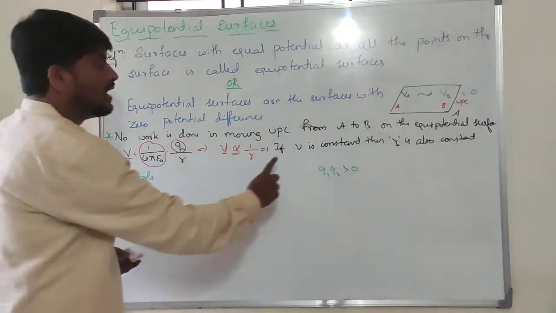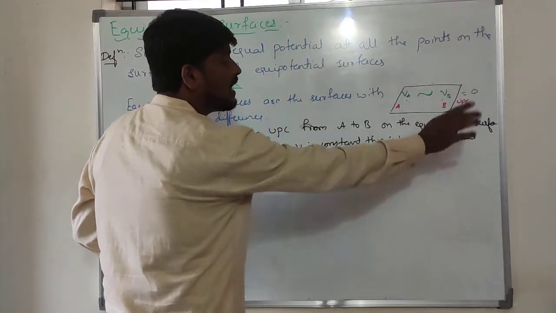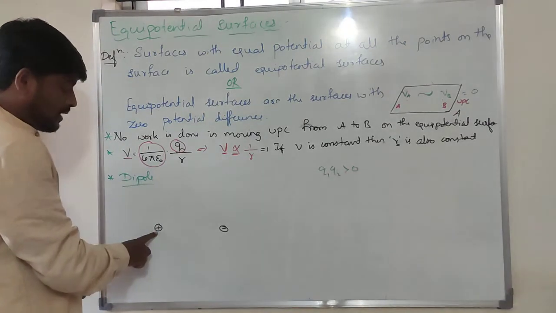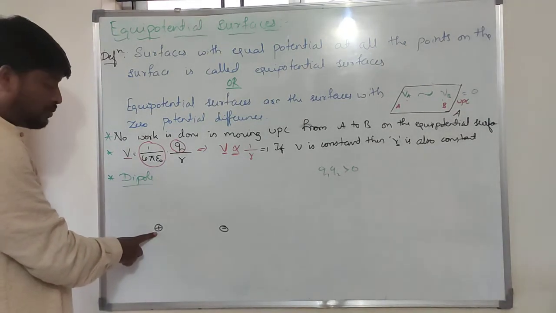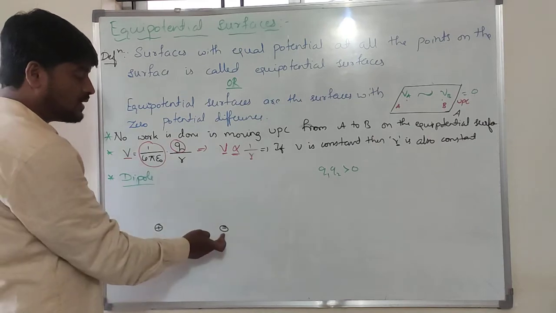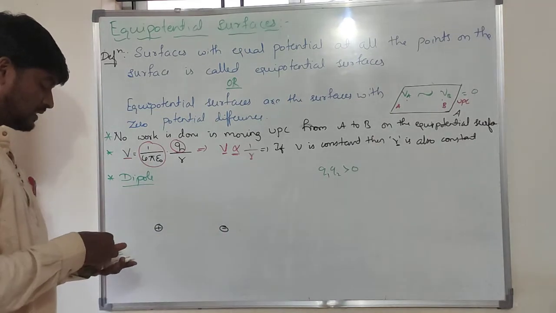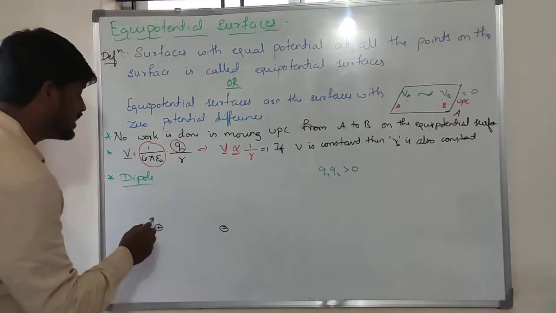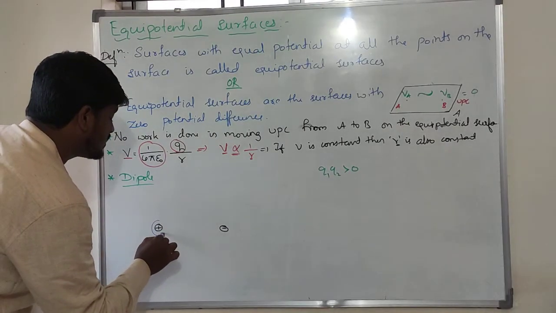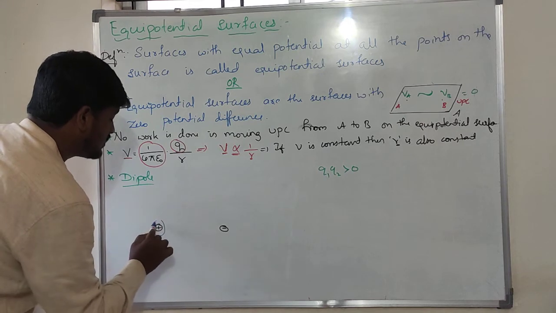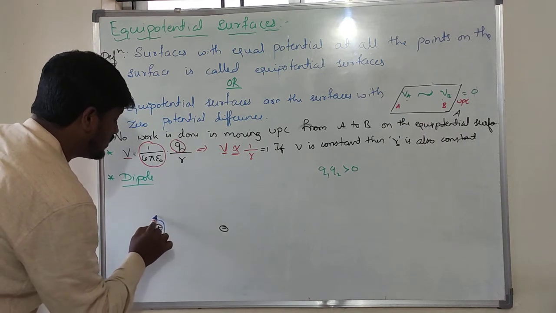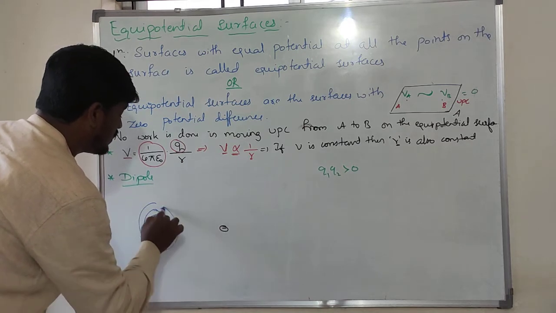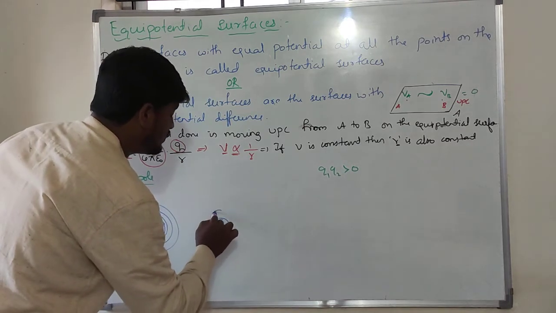As I said, if V is constant, then R is also constant on the equipotential surface. The potential produced by the positive charge is constant, as is that of the negative charge. If I draw the nature of the circles, it goes like this: concentric circles. You have to draw the circles very properly. Similarly, this side is also the same.